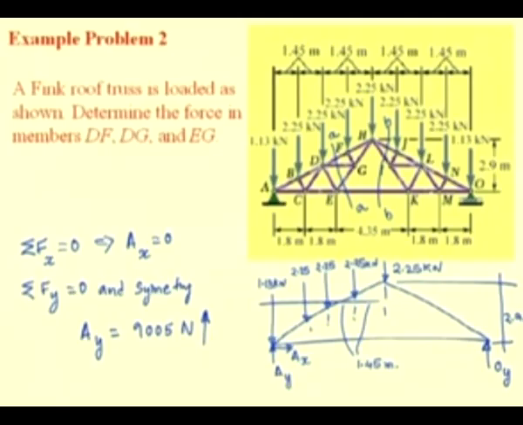Now that we have determined the reaction, we can use the free body diagram of the portion of the truss constructed by this section BB to determine the force in this member EK. So, let us draw the free body diagram of the portion of the truss constructed by using the section BB. Here we have this force Ay which has been determined.